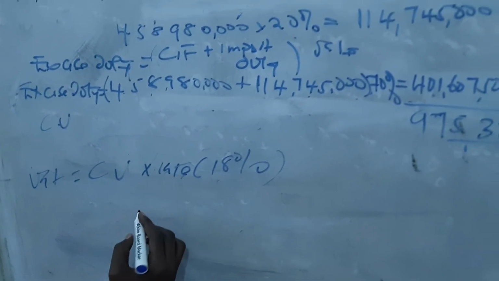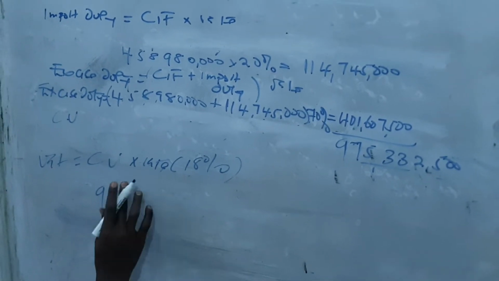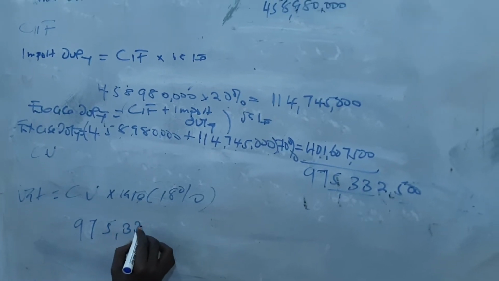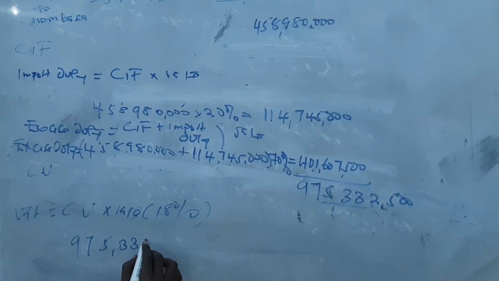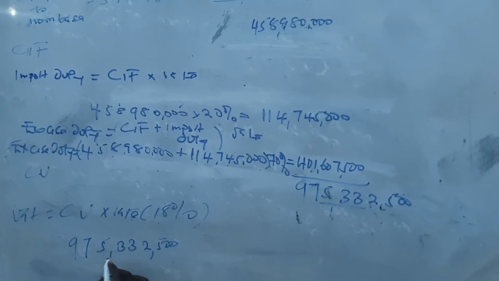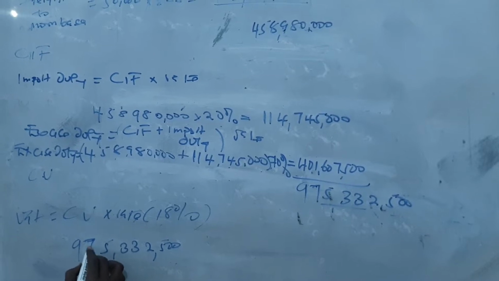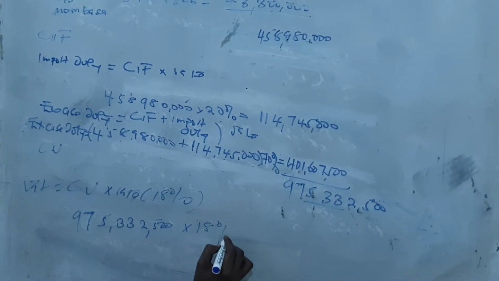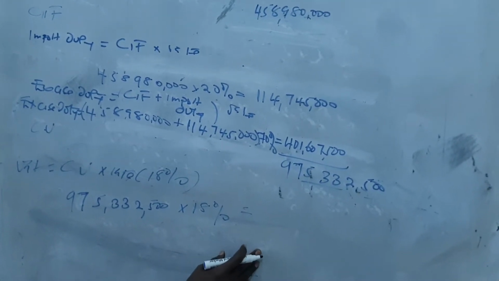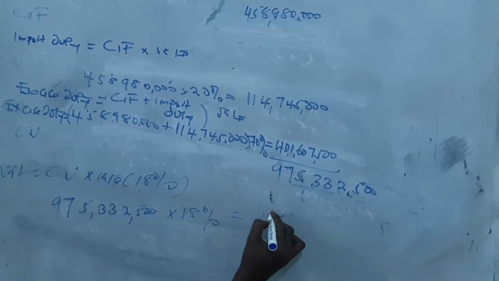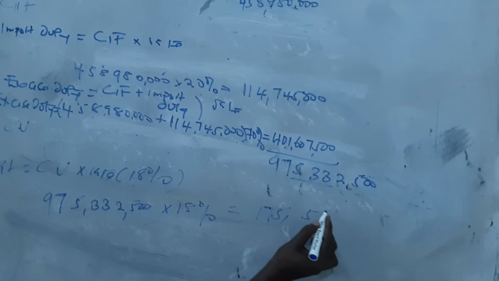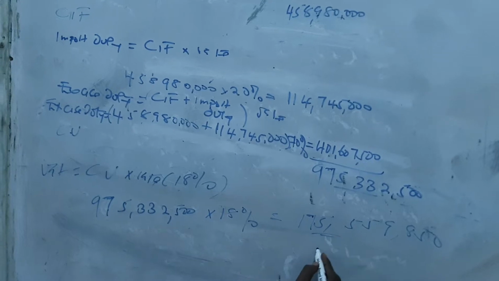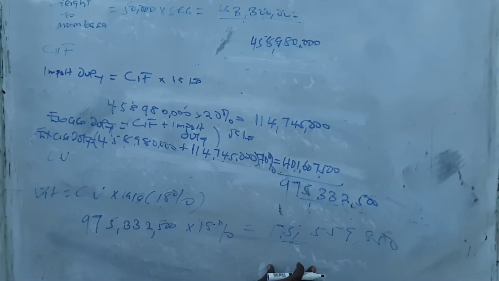So therefore, the customs value here is 900 million 75,000 times 18%, which gives me 850. So that is the VAT.